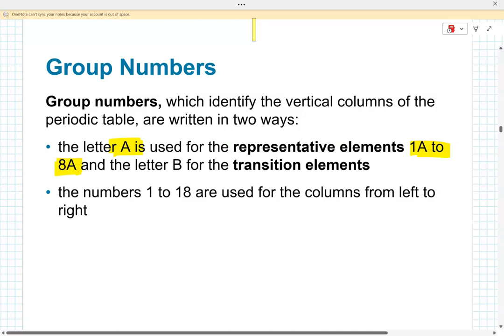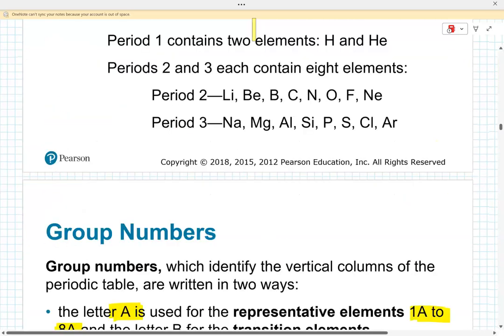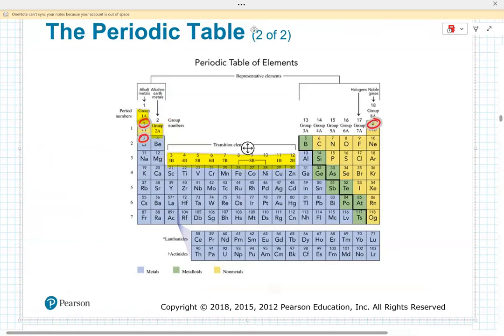And letter B, the transition elements, if you look at the table behind you, you see it's a new numbering, from 1 to 18 for the groups. And groups 3 to 12 include transition elements or transition metals. This is why on that old version they all have B in them.